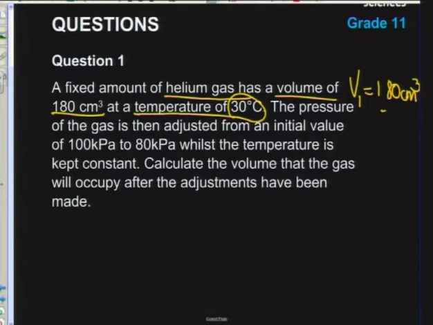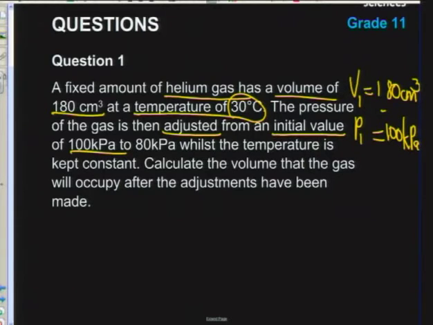The pressure of the gas is then adjusted, so it has been changed because the gas had to be checked on how it's going to behave when we change the pressure. It is changed from an initial value of 100 kilopascals. So our first pressure was 100 kilopascals.